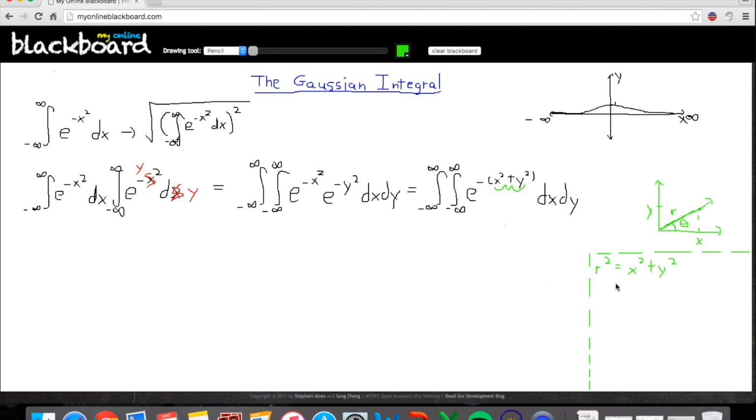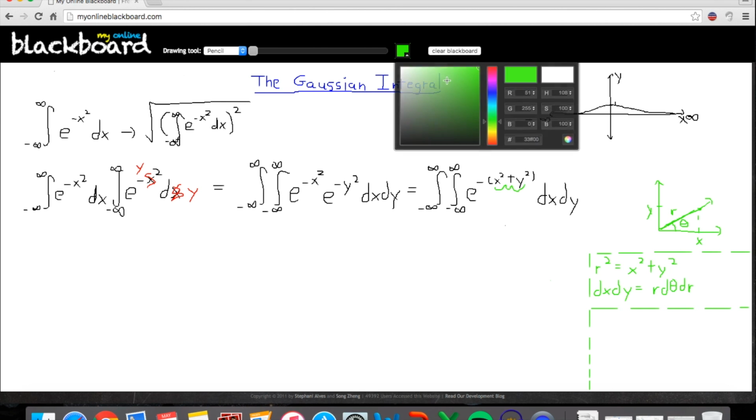Now, the new thing really for anyone who hasn't dealt with converting to polar coordinates is this dx dy term, and that is equal to r d theta dr. And I'll show you why. This dx dy term, I'll do it in a different color, I'll show you on a graph.